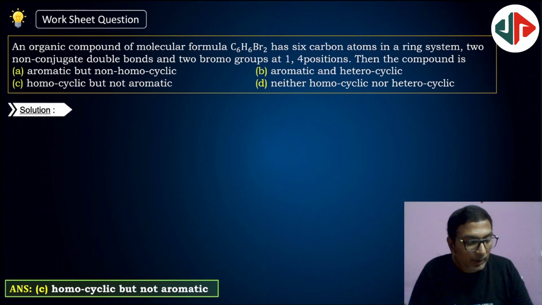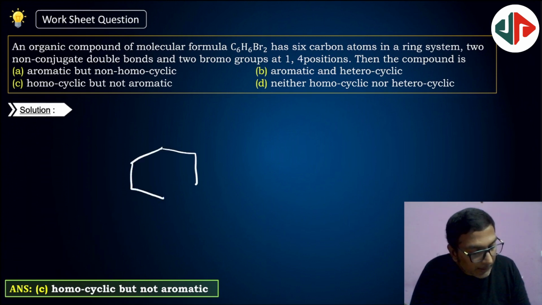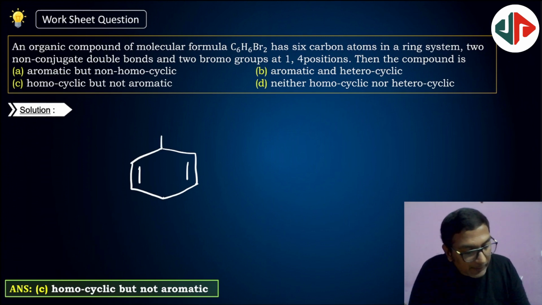An organic compound with molecular formula C6H6Br2 has 6 carbon atoms in a ring structure, 2 non-conjugated double bonds, and 2 bromine atoms at the 1 and 4 positions.